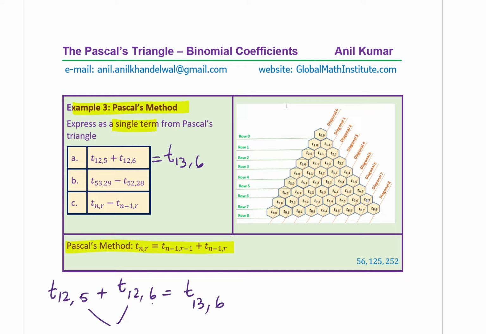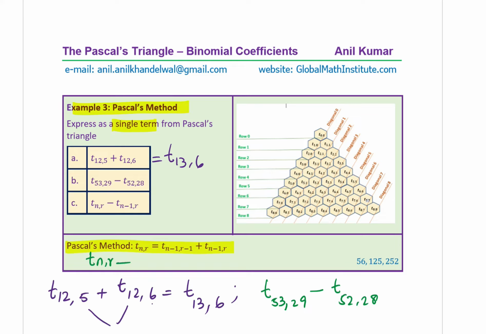The next one here, we have written as something minus something. How will you work with this? Okay, let's look into this. So the next one is T53,29 minus T52,28. So minus means we have taken something to the left side. That means we have rearranged the values, correct? Now, T53 is higher, so I could always write this as Tn,r.